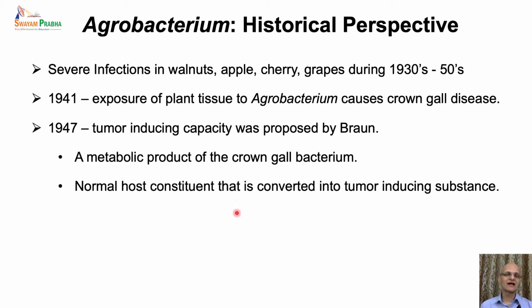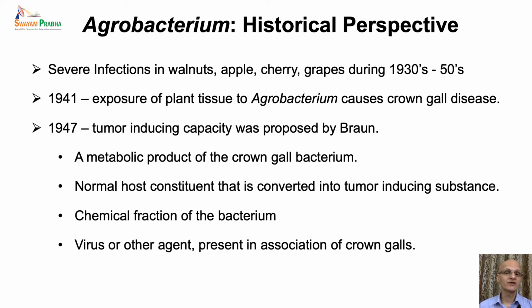Second, it is also possible that because of the bacterial infection, some normal constituent of the host plant may be converted into a tumor-inducing substance or signal and hence result in the crown gall disease. Further, it could be a chemical fraction of the bacterium, or it may be some virus or other agent that enters the plant host with the Agrobacterium and causes the disease.